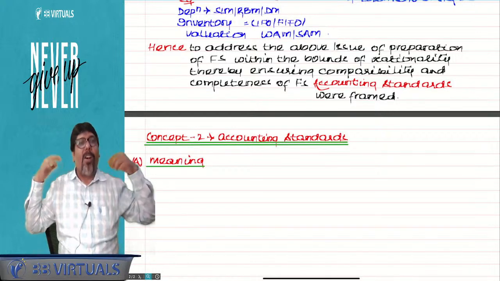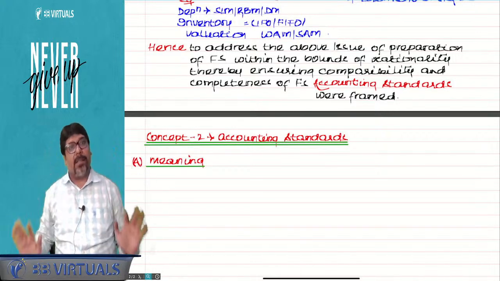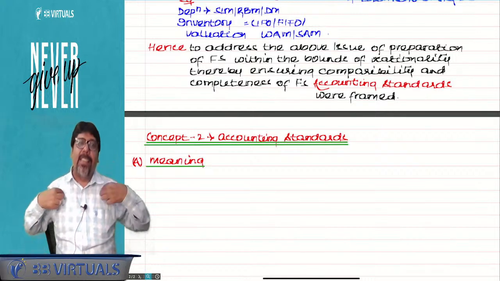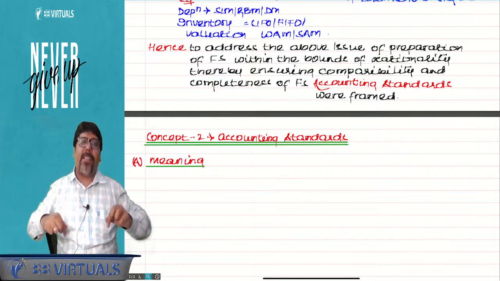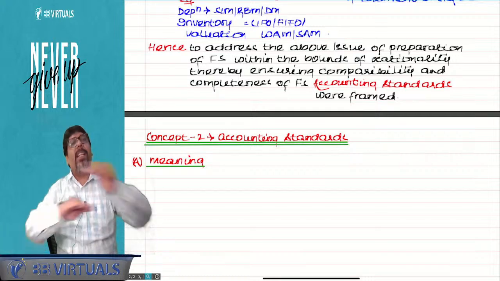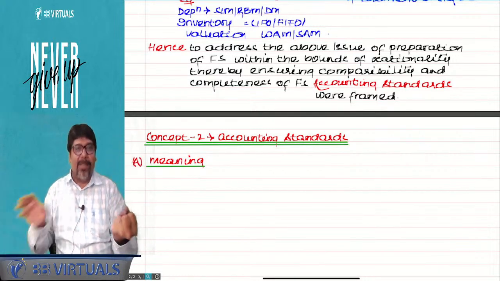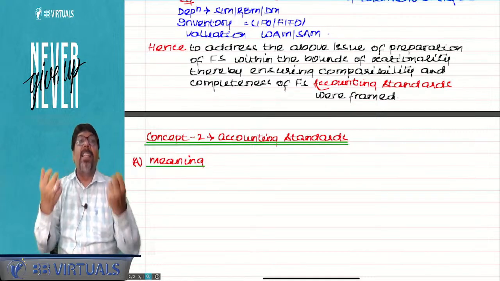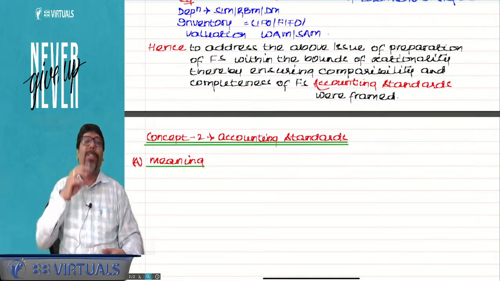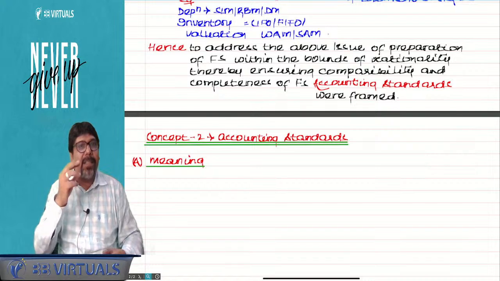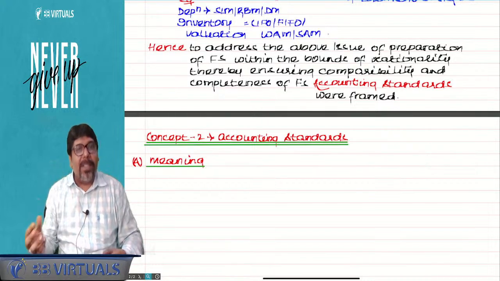This shirt also was manufactured in bulk. Do you think this shirt would have been manufactured in bulk without any standardized process? No. So there were standards which helped us give a standardized output. So accounting standards are nothing but standards of accounting.